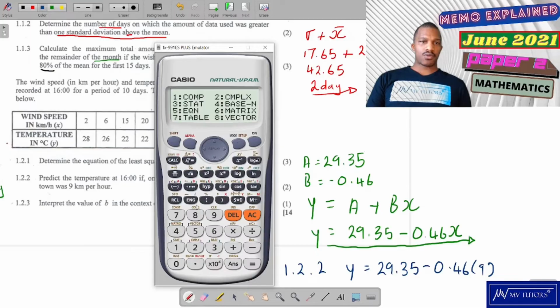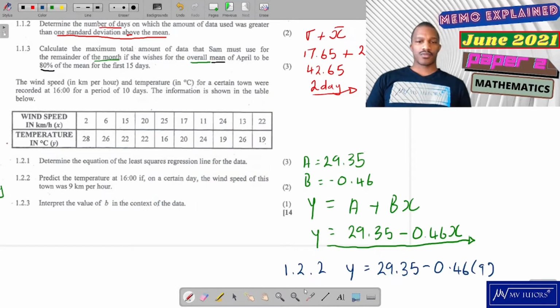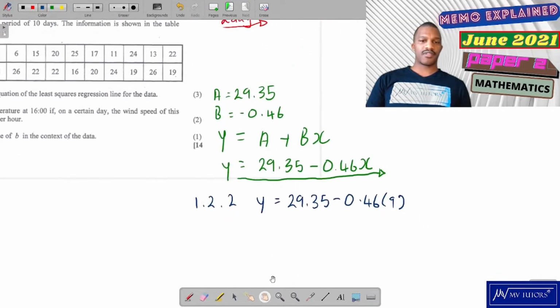So we go mode, comp, we're back to math. So now we can say 29.35 minus 0.46 times 9. We'll put that 9 in the brackets. 25.21. 25.21 is our final answer.